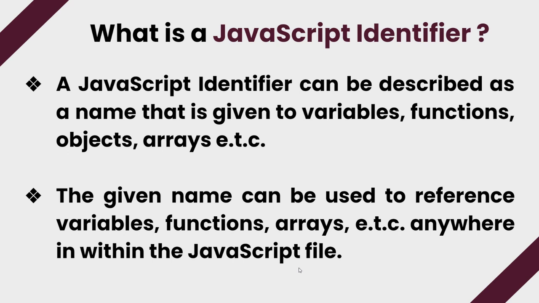Now, these given names can be used to reference variables, functions, and arrays. So we already saw an example of the referencing in the JavaScript section of the previous section. And it can actually be used to reference the name within any section or any part of your JavaScript file.